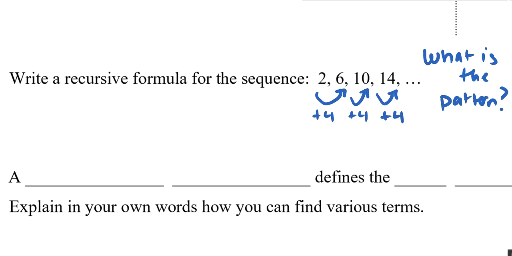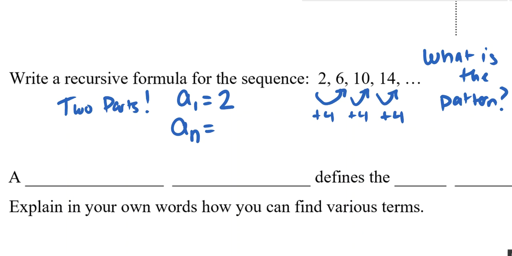So remember, there are two parts to a recursive sequence. The first one is we always have to give a starting point. So the first term is always part of a recursive formula. The first term here was 2. And then we have to write a rule for the nth term.